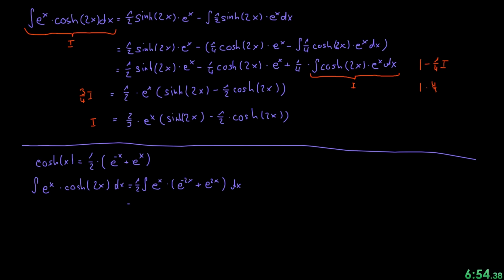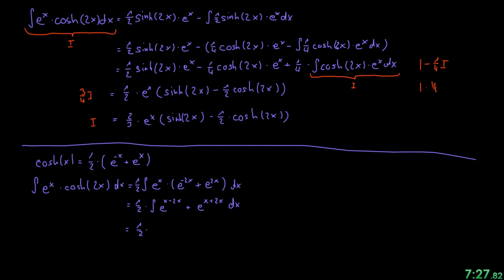Good. So what we can do now is just add those exponents together. So I have 1 over 2 times the integral of e to the x minus 2x plus e to the x plus 2x dx. Oh god, running out of space. Good. Let's add those together properly.